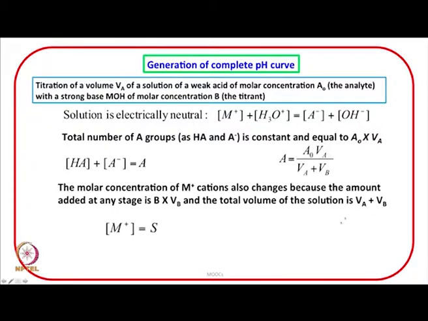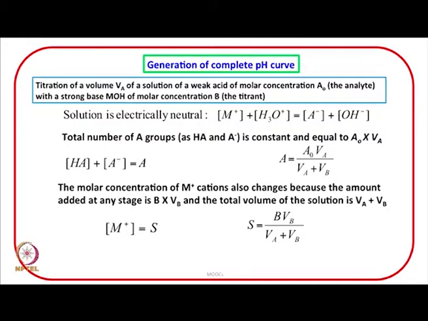And if I write the M plus concentration, base is MOH, so M plus is coming from the base and M plus is interacting with A minus to form the salt. So this is equal to S, the salt concentration. And by the same arguments as for A, S will be equal to B times VB over VA plus VB.